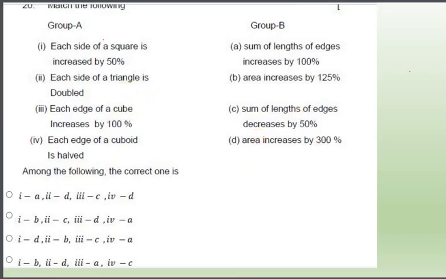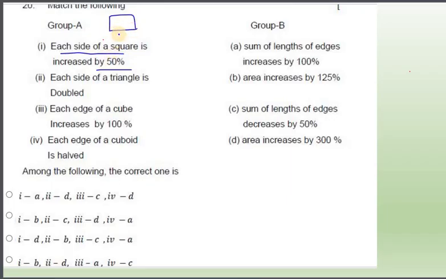So now, we have match the following. In match the following, what are we having? First one, each side of the square is increased by 50%. For example, there is a square like this.